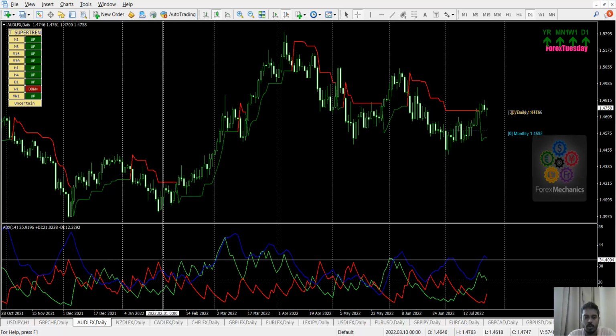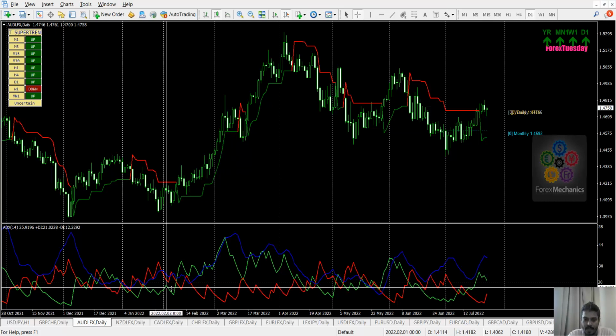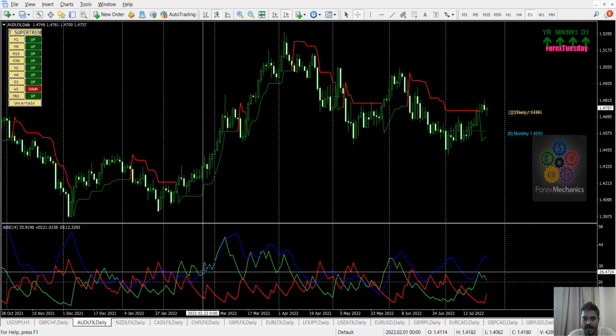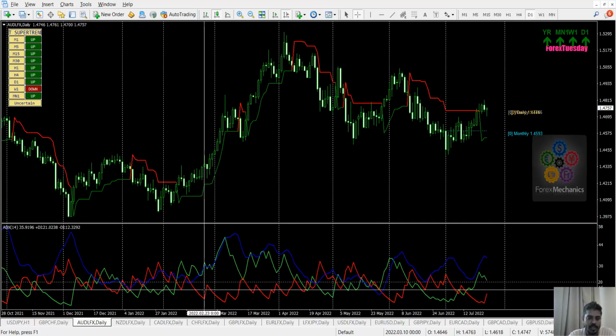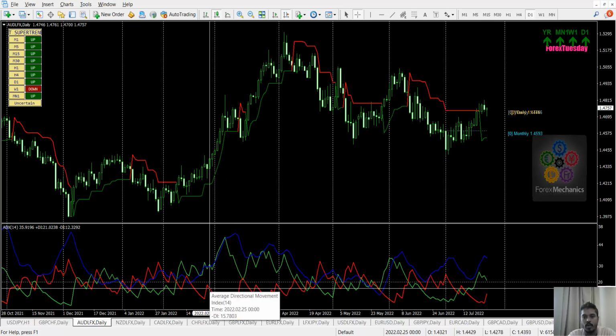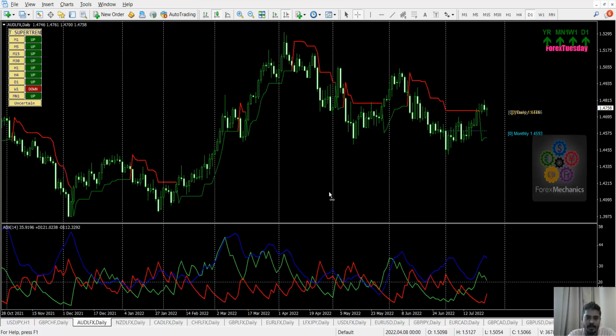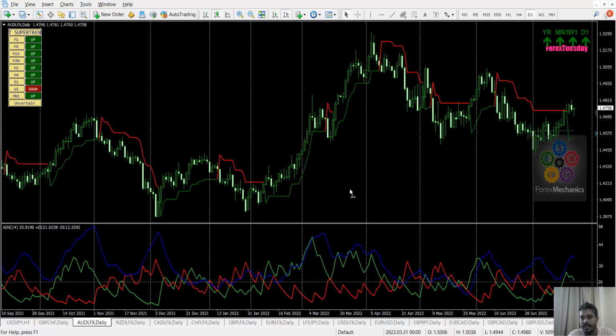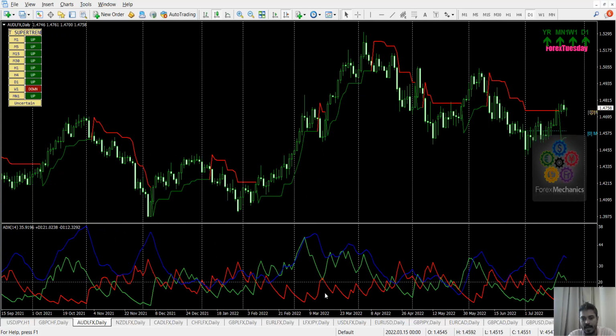Now, this is what you would see in most of the videos: you simply track the blue line, and if the blue line crosses the 20 and starts rising, then depending on who is in control, whether it's the green line or the red line, you take a trade in that direction. But most often the green line and the red line are not really spoken about.